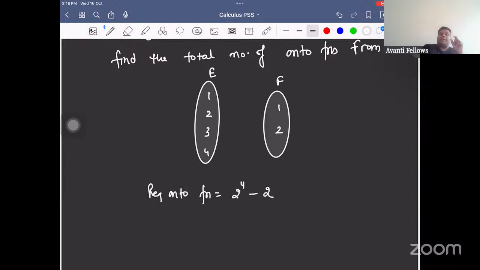When all of 1, 2, 3, 4 have image as 1, and when all have image as 2. I subtracted those cases where they all have the same image. So your answer will be 16 minus 2, that is 14. Am I correct? Got it?